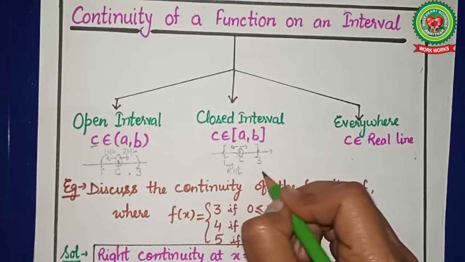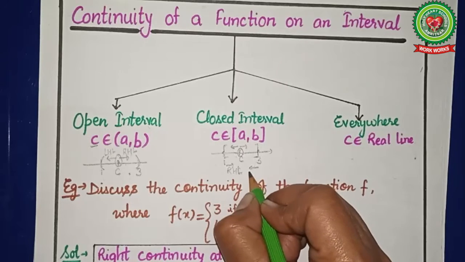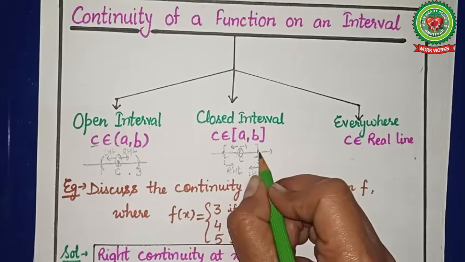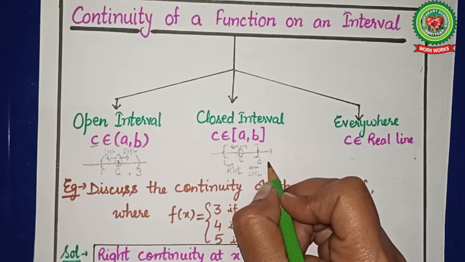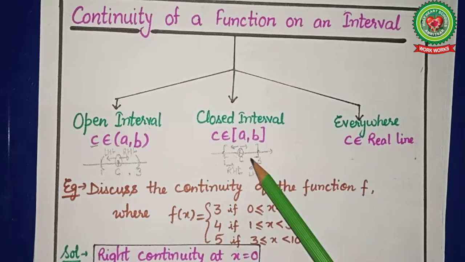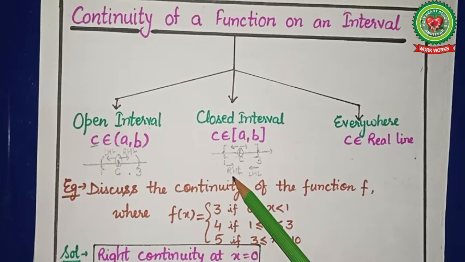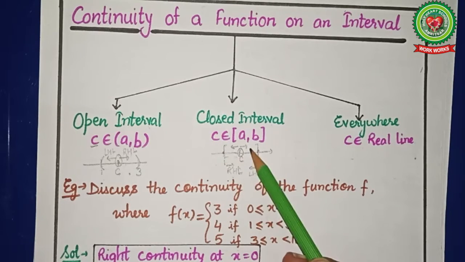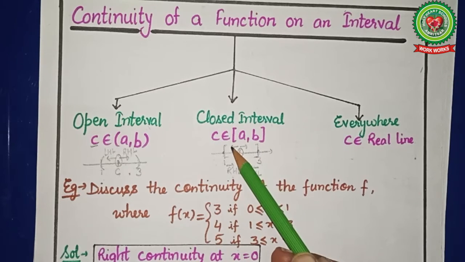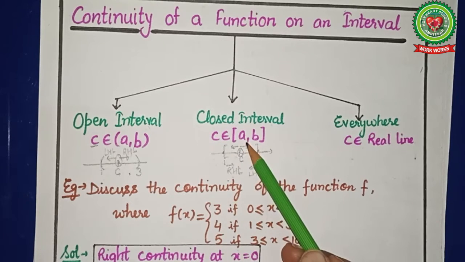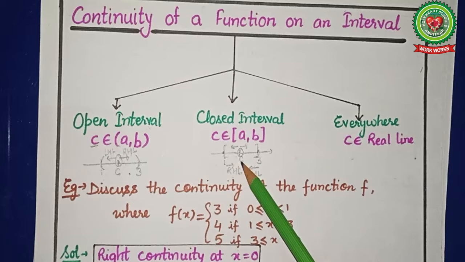And for 3, we will check the left hand limit. We will not check for right continuity. So in this way, we have to check the right hand limit at x equal to 1, the left hand limit for x equal to 3, and the left hand limit, right hand limit and value of the function at this point c.